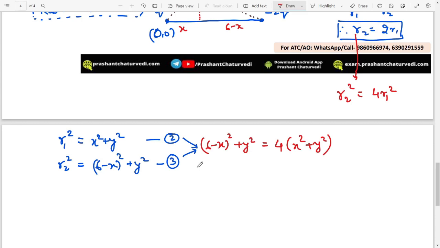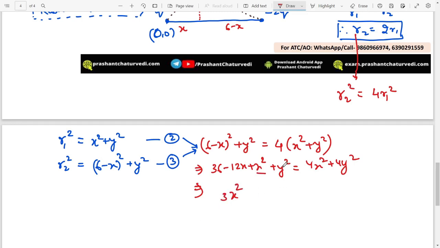Okay, so let us first break this. 36 minus 12x plus x square plus y square is equal to 4x square plus 4y square. Now this is x square, this is 4x square, so this will be 3x square.